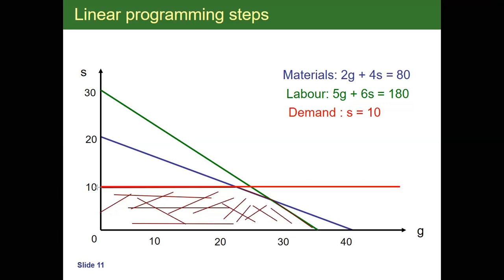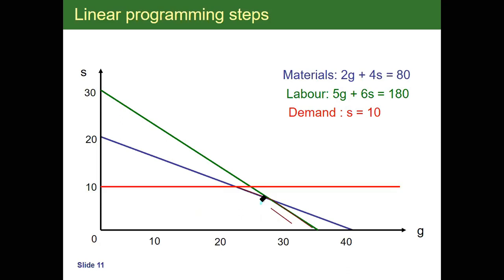Because beyond this line, either demand for S is not available, or material is not available, or labor is not available. Internally, this is your feasible region. This is something which you can produce.